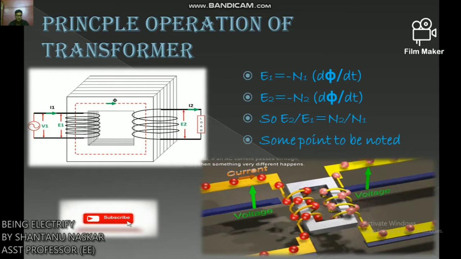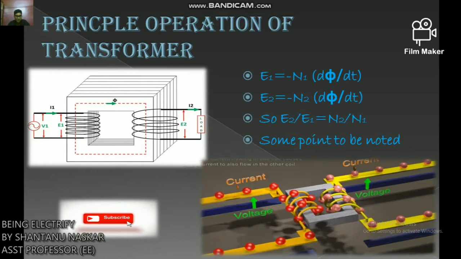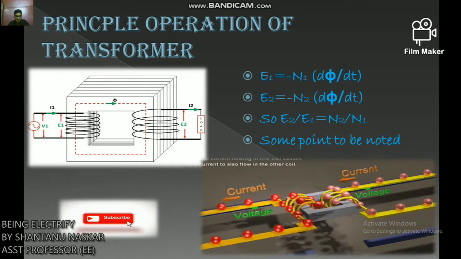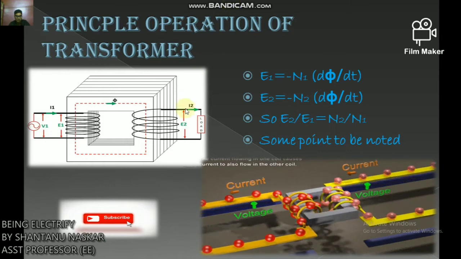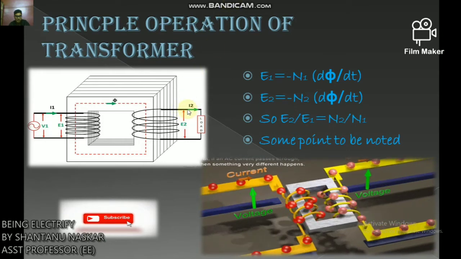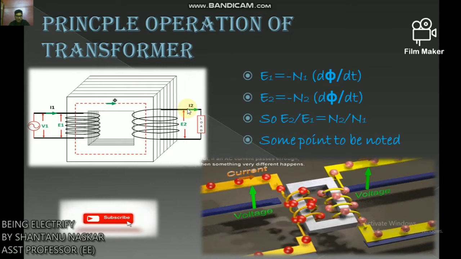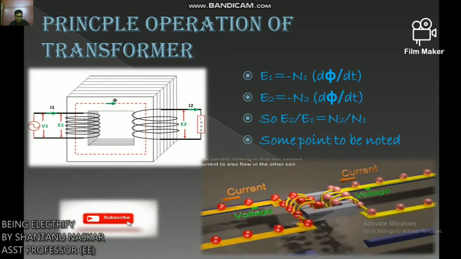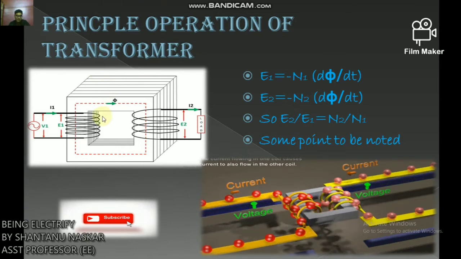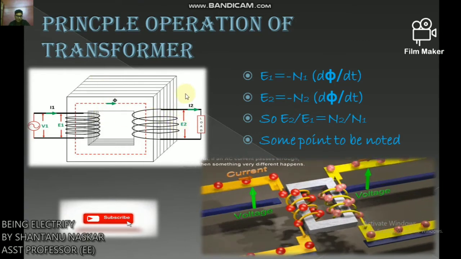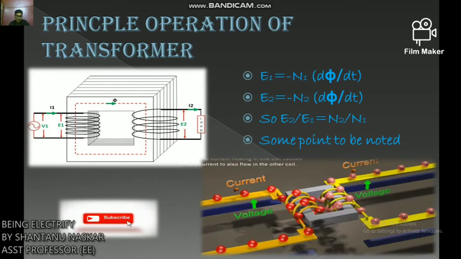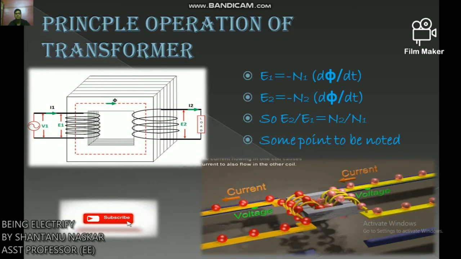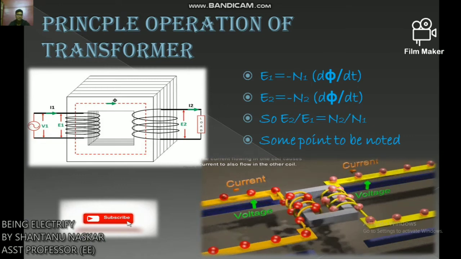This induced EMF E2 causes a secondary current I2. Consequently, terminal voltage V2 will appear across the load. If V2 is greater than V1, the transformer is a step up transformer, and if V2 is less than V1, the transformer is called a step down transformer.